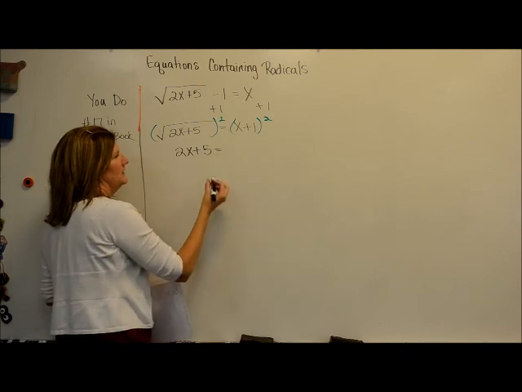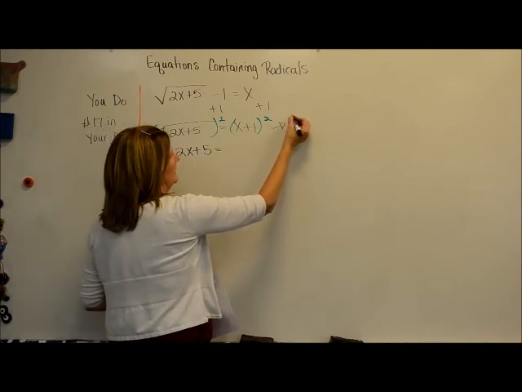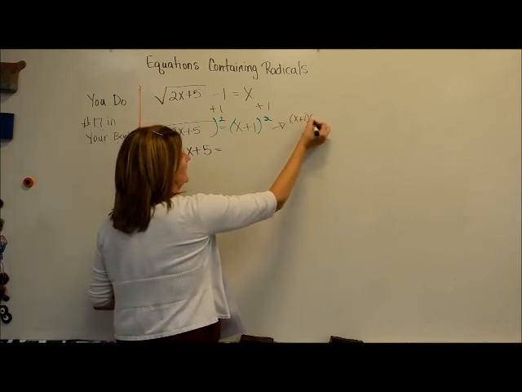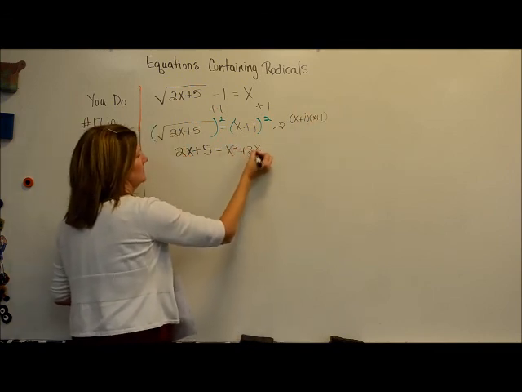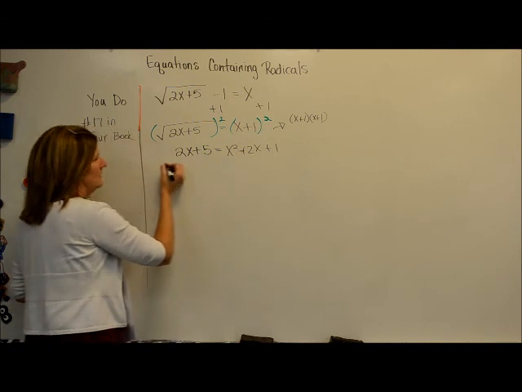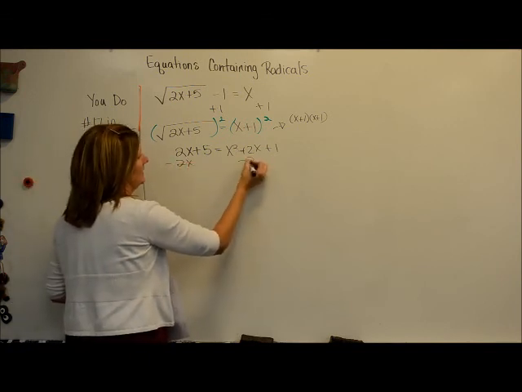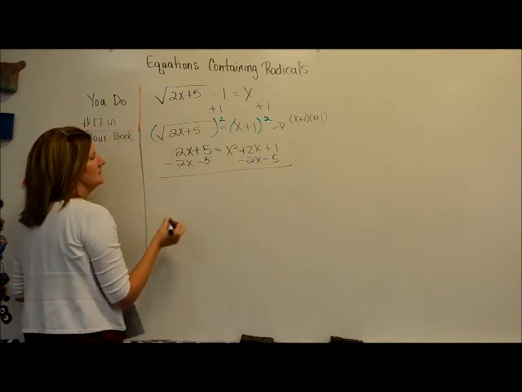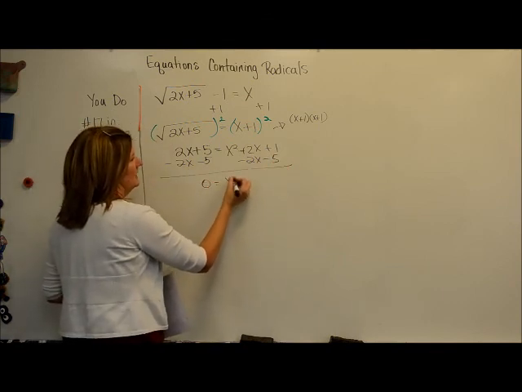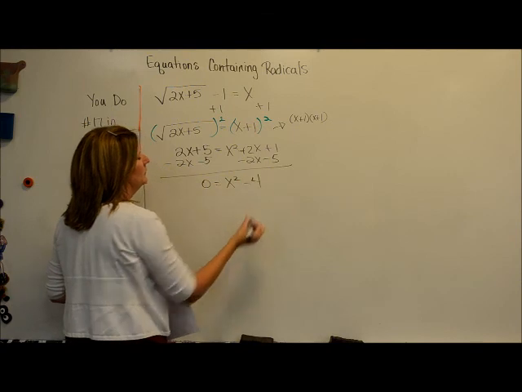This I'm going to have to multiply out, and we just talked about that being x plus 1 times x plus 1, which would give me x squared plus 2x plus 1. I'm going to subtract 2x from both sides. Subtract 5. I end up with 0 equals x squared minus 4.